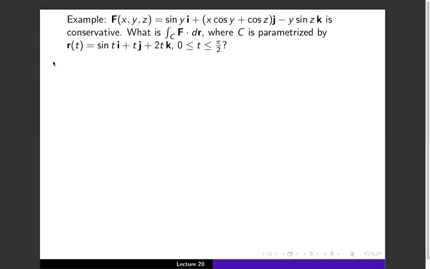We know that thing is conservative, so we know that f_x is sine y.